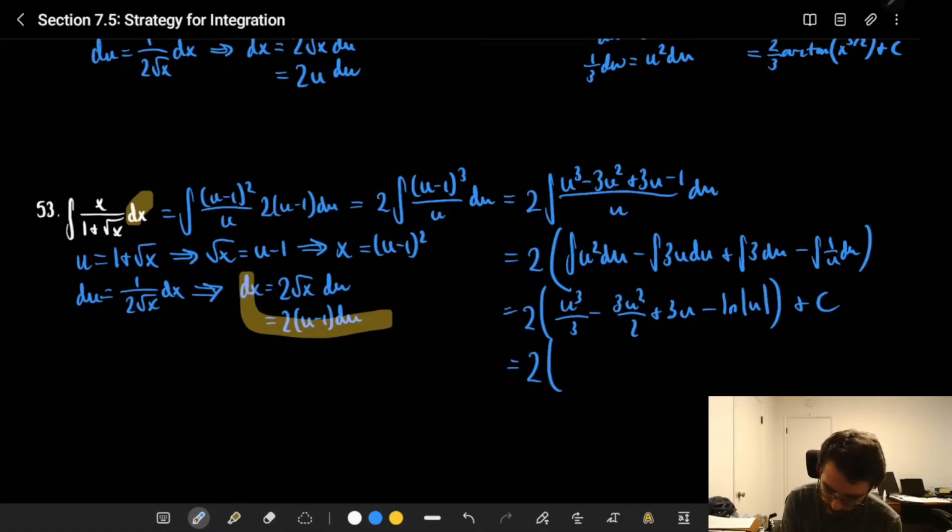So, I mean, it's hideous. 1 plus root x cubed over 3 minus 3 halves 1 plus root x squared minus 3 times 1 plus root x minus natural log of 1 plus root x.